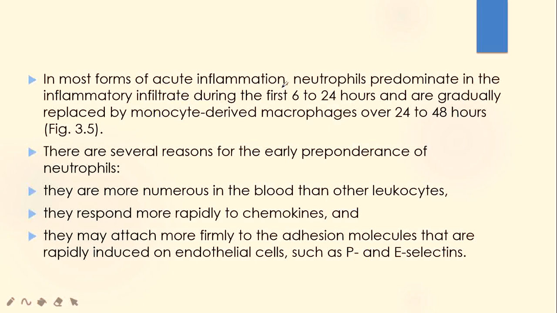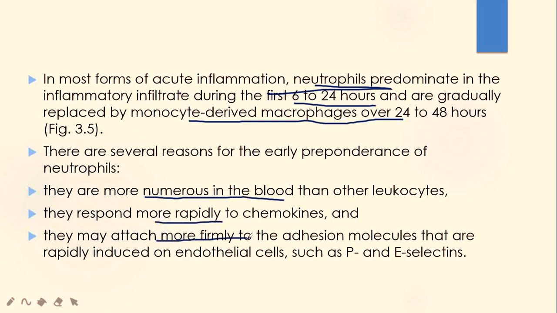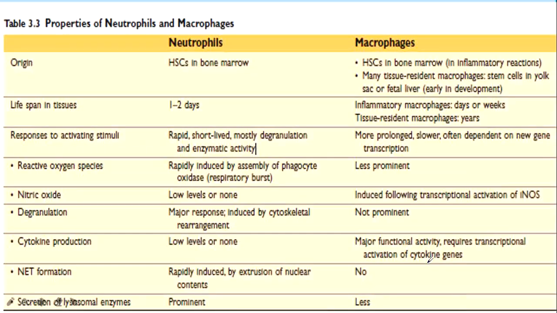In most forms of acute inflammation, the first cell is the neutrophil. They predominate in the inflammatory infiltrate during the first 6 to 24 hours, and then they are gradually replaced by macrophages over 24 to 48 hours. Why are the neutrophils present early? The reason is that they are more numerous in the blood than other leukocytes. They respond more rapidly, and they may attach more firmly to the adhesion molecules that are rapidly induced on endothelial cells, such as P and E selectins.